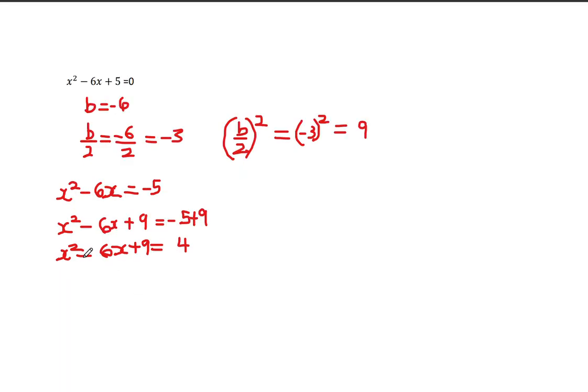Our next aim is to find the factors of the left-hand side of the equation for this newly formed quadratic, which is x squared minus 6x plus 9. To find those factors, we're just going to look at the value that we got for b over 2, which is negative 3.